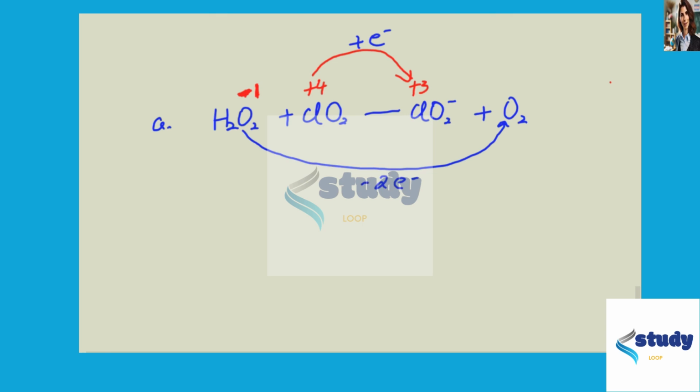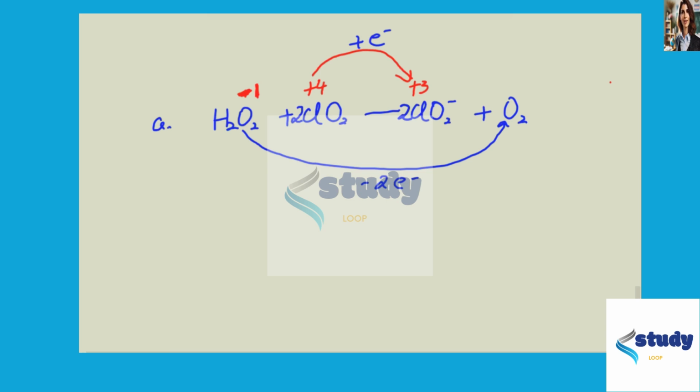Now we can balance it, right? For every hydrogen peroxide, it gives 2 electrons, but for every chlorine dioxide, it gets 1 electron. So the ratio will be 2, and you have to balance so that the electron transfer is the same.